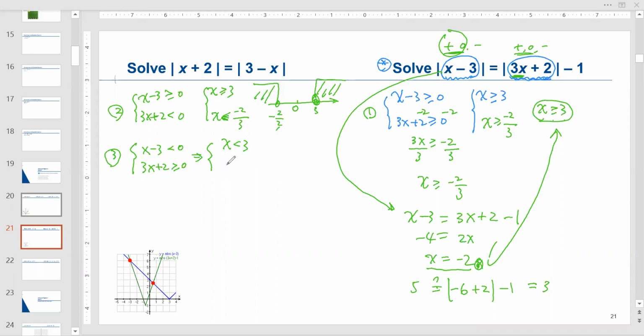And for this one, you still get x greater equal negative, right? So it means x is in this range. X less than 3 is this area. X greater equal than, here is the black dot, here is the circle. Circle means not including. Black dot means including. So right now in this range.